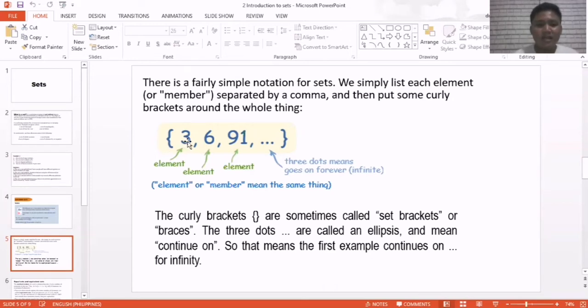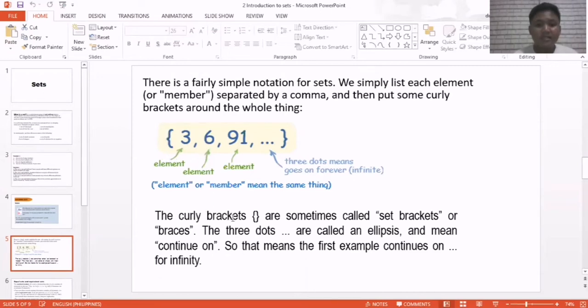So here it is. What we call the items inside is the members of the set or the elements of the set. The three dots mean infinite, sometimes called an ellipsis. These are braces. When you answer questions, you should include the brackets, and separate the elements by a comma.